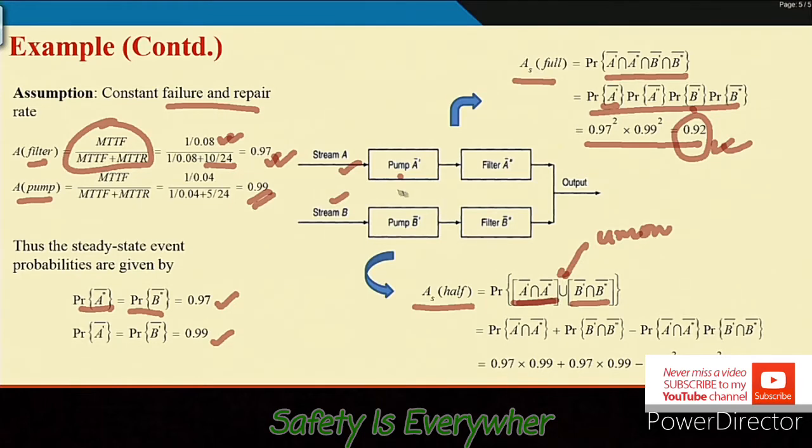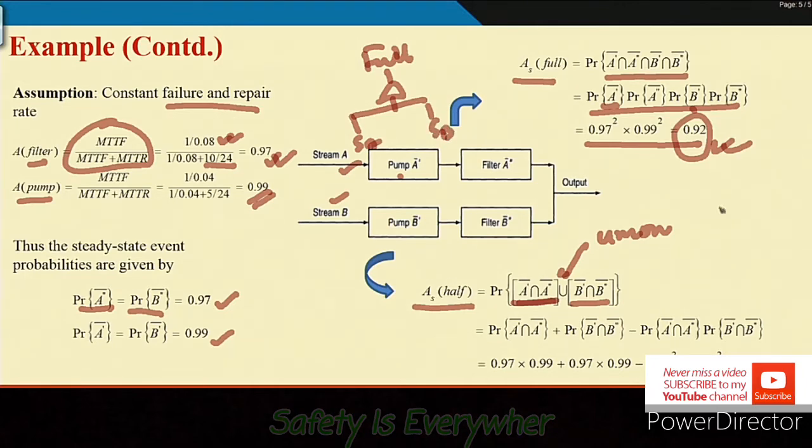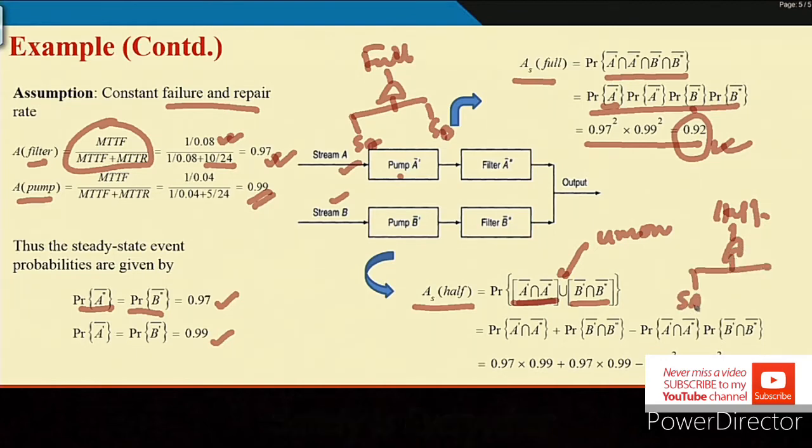So, for full production it is an AND gate, that full, then AND gate, then stream A, stream B, and here half, OR gate, stream A and stream B. Okay.